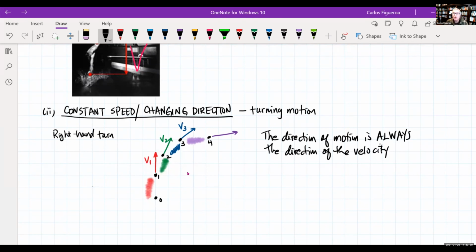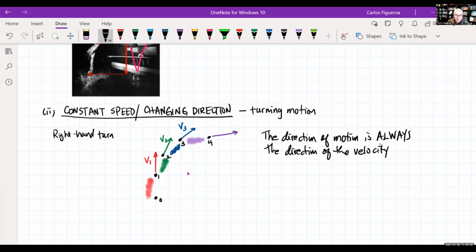If you were going along this curve, making a right-hand turn, and for some stupid reason you let go of the steering wheel, which would be stupid, which direction are you going to go? You're going to go in the direction of the velocity. Even though you feel like you're being pulled to the left, moving towards the door, that's really a Newton's first law thing that we got to talk about later on. But you would literally move tangent to the curve, which is the direction of the velocity here.